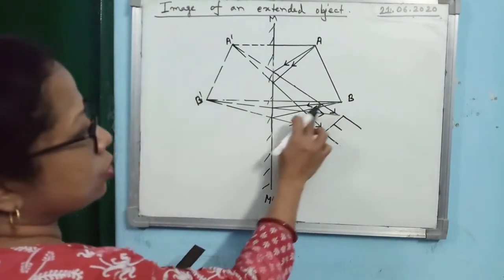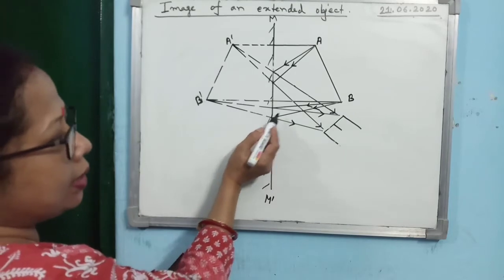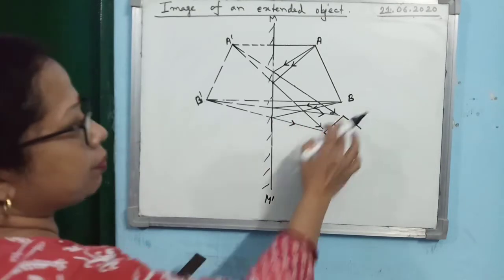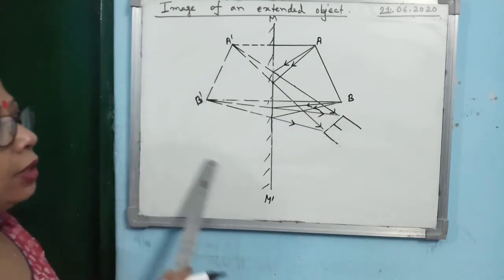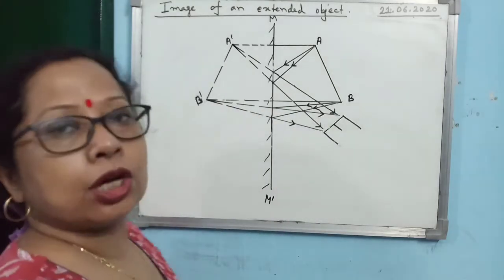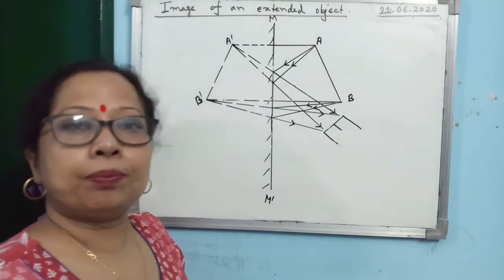So you see these 2 rays falling on the mirror and then reflecting, received by the observer's eye. So this is the way you can draw the image of an extended object.